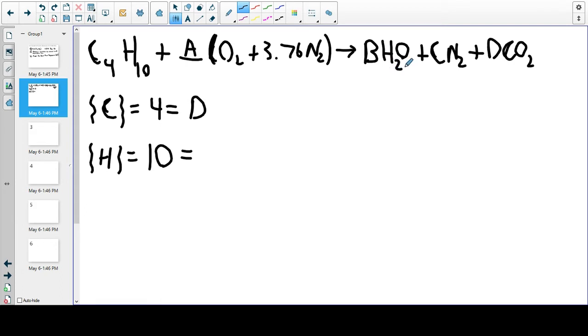So that must mean that on the right side, the product side, we have 2 times B for our number of H's. And that is simply because there are 2 already over here. We're doing this monatomically, which means we are accounting for every single one of them, not just H2 as a compound. And so we know that if we write the rest of this out, move over the 2, we get B is equal to 5.